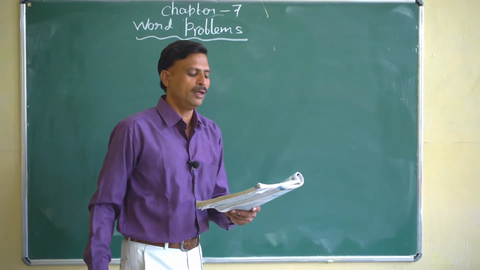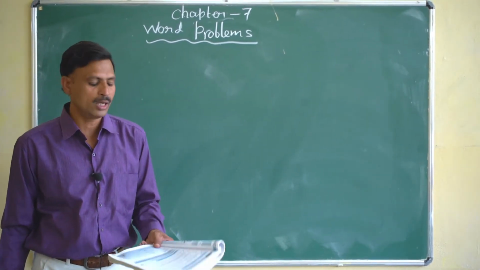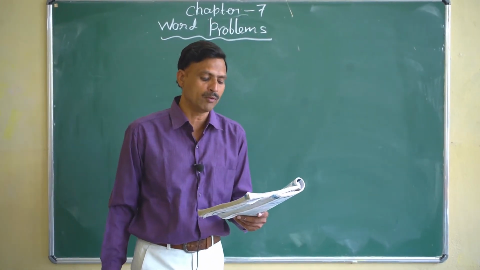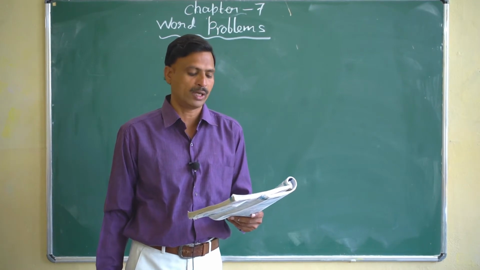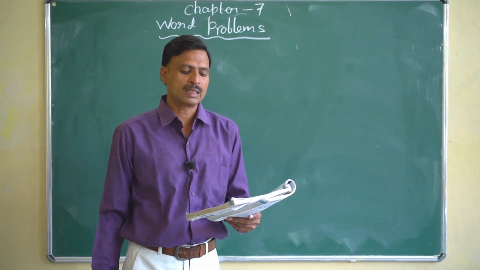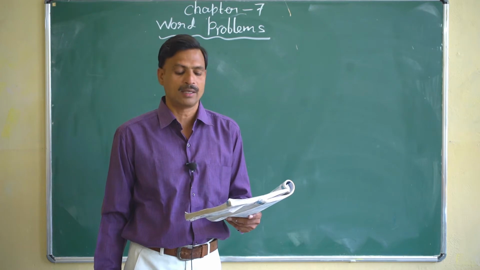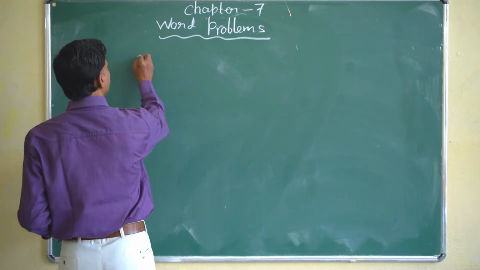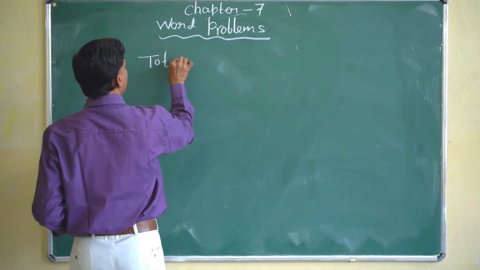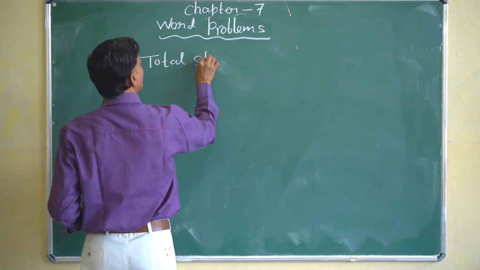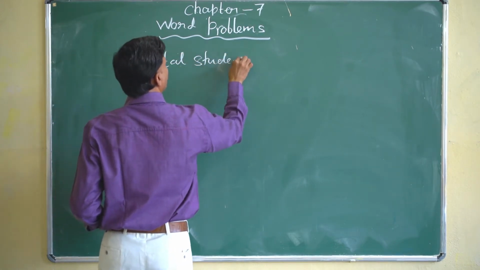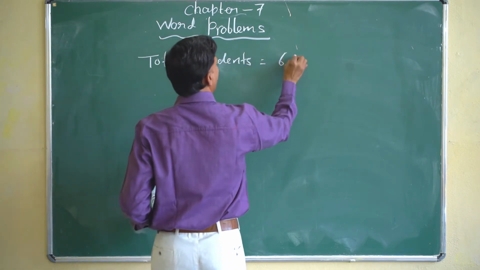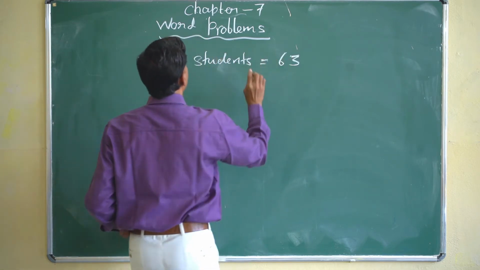2 by 3 of a class took music and the rest took drawing. If there are 63 students in a class, how many students took drawing? Total students are 63.